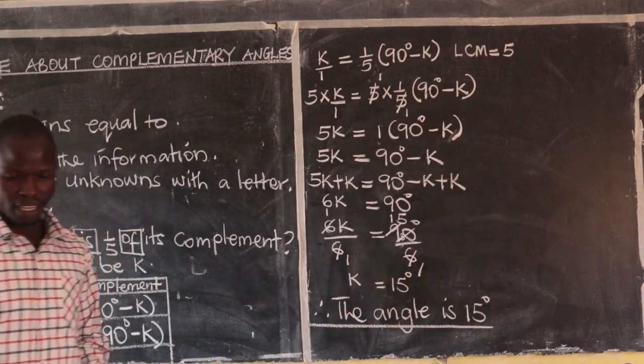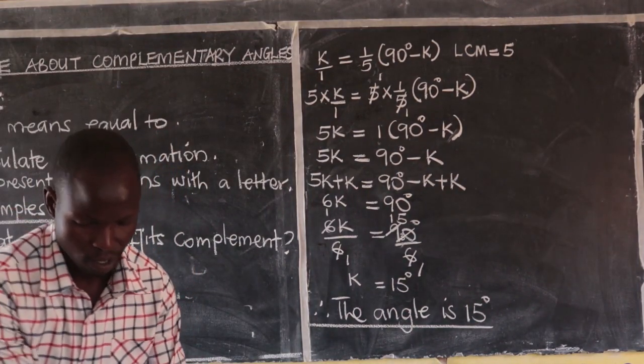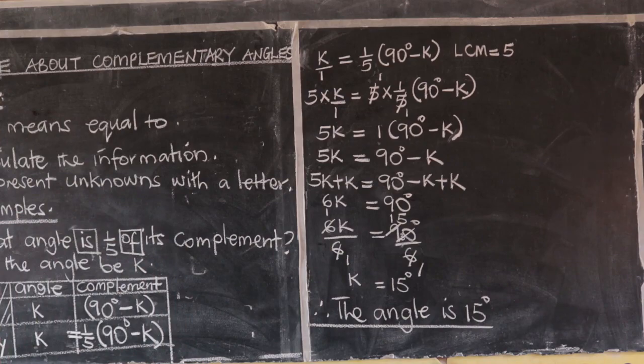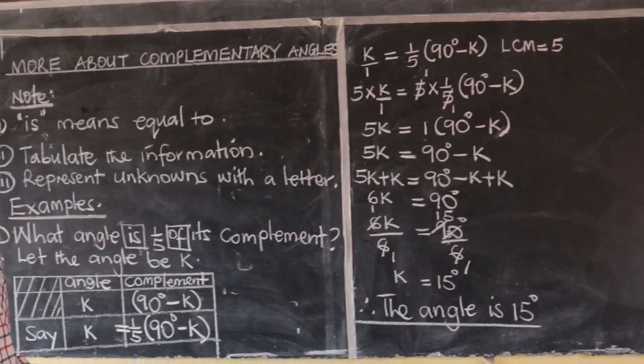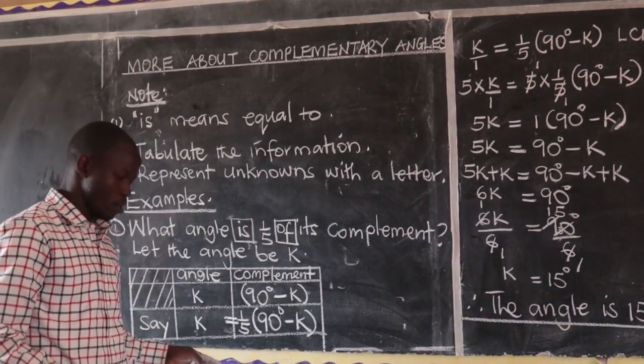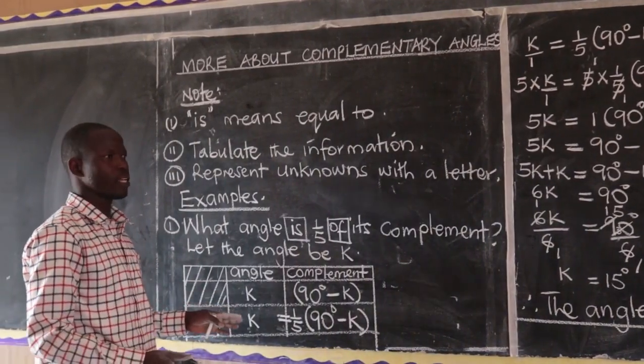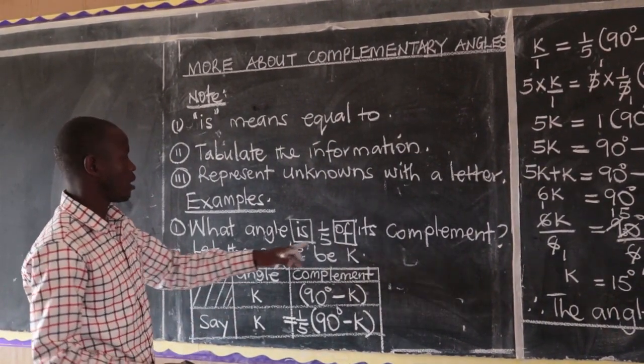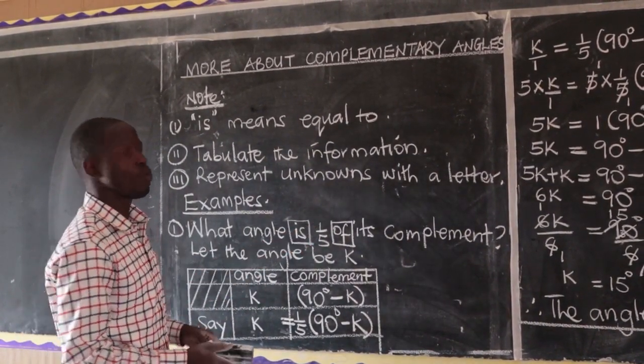And that is where our first example will end. And then after this example, there is need for us to look at the second example such that we can see a fraction whose numerator is not 1.